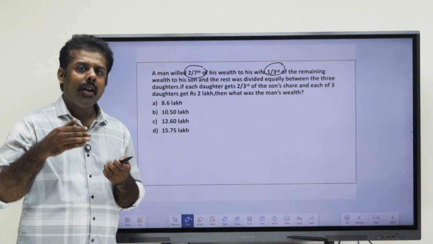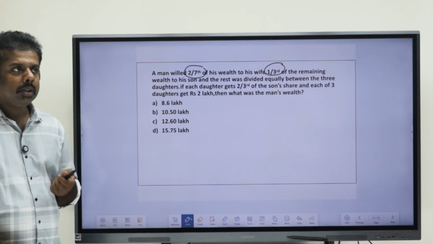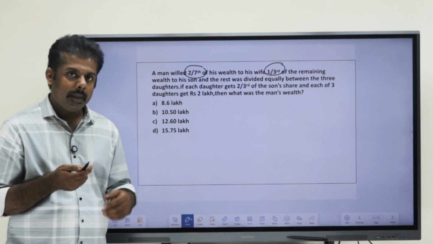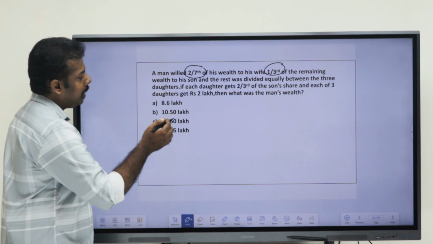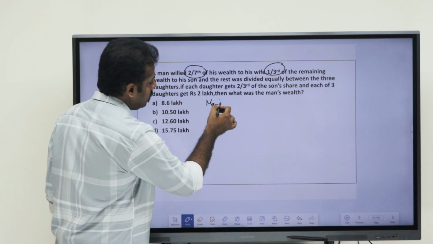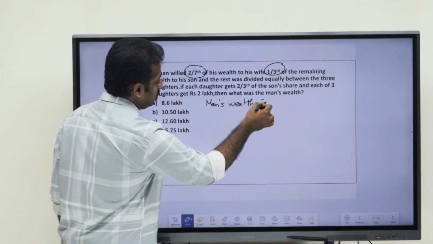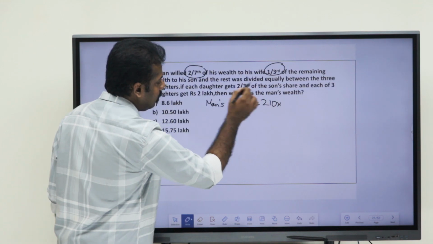So we are going to take a value a bit bigger, and assume the total wealth as 210x. Okay, I hope you got the point.